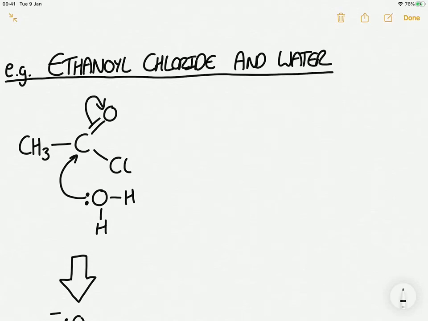I've drawn my water in a particular orientation. If yours wasn't, for example, if you were going in blind and doing this from scratch, rather than copying mine, that would be totally fine, as long as you get the origin of the curly arrow and the destination of the curly arrow correct. It's just that it's easier sometimes to do mechanisms in a particular way, so I always set them up in the easiest way. So then, here's your intermediate.